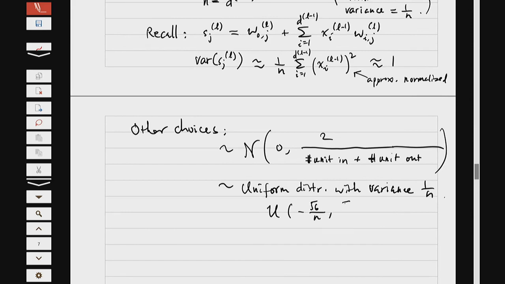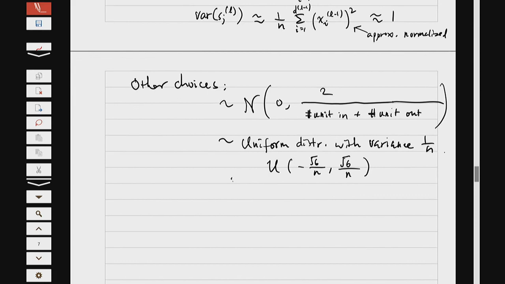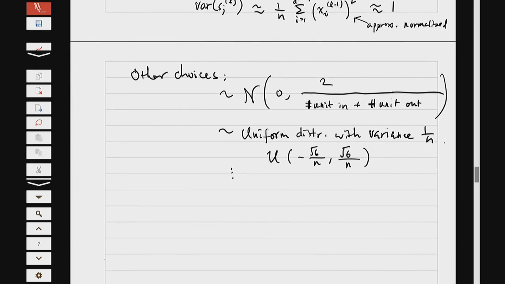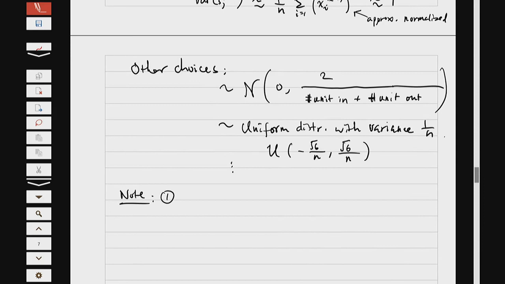A uniform random variable between minus square root of 6 and square root of 6 will give you unit variance, it turns out. There are other choices as well, but none of them is really theoretical; numerically they seem to work well.